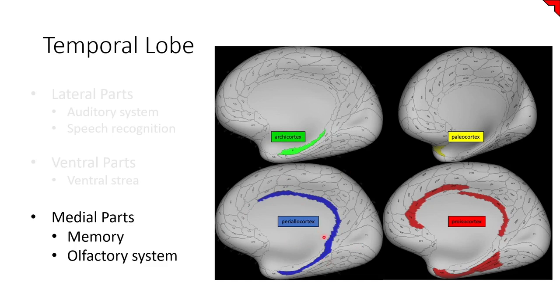And these allocortical parts are typically parts of the cortex that are phylogenetically very old. For example, the paleocortex, you can see it also in the name, is probably the oldest part of the cortex that we have. So it hasn't changed in millions of years. It's actually the primary olfactory cortex.